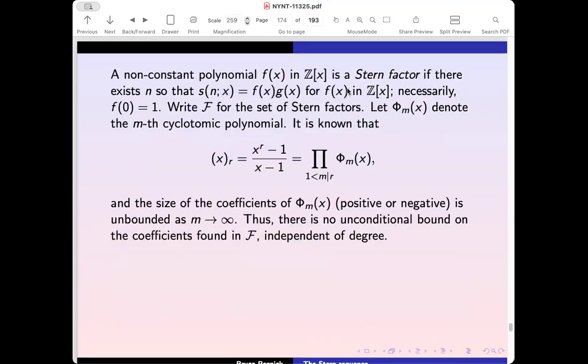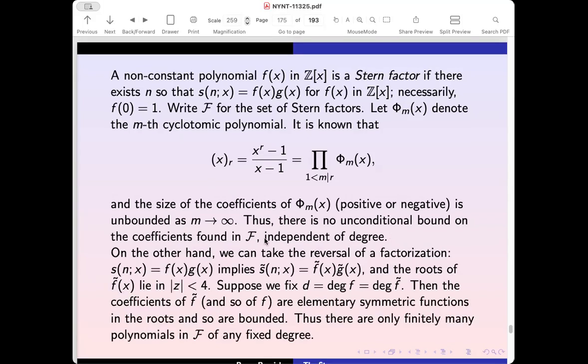So here is the definition of a Stern factor. The cyclotomic polynomials are all Stern factors, and they can have arbitrarily large coefficients, both positive and negative, which means that there's no a priori bound on the coefficients of any polynomial that divides a Stern factor.